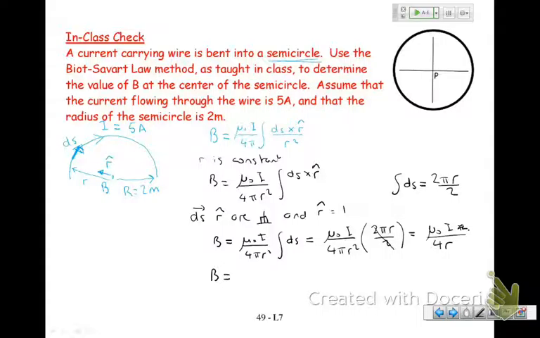I is 5 amps over 4 times my radius, 2, times my mu naught, which equals 5 over 8 mu naught, which equals 0.625 mu naught. And what would the units be? Magnetic field. Tesla. So there we have it.